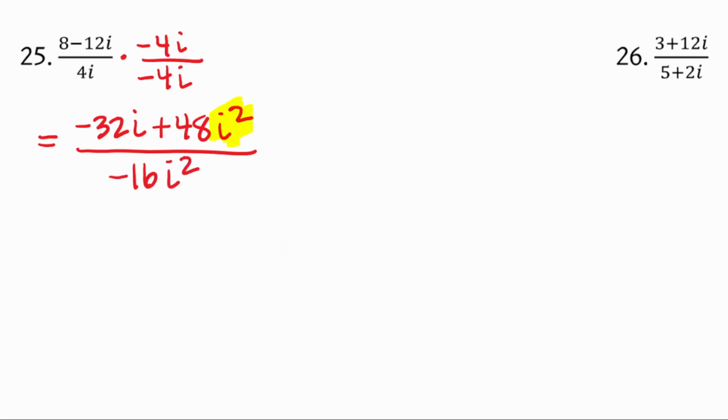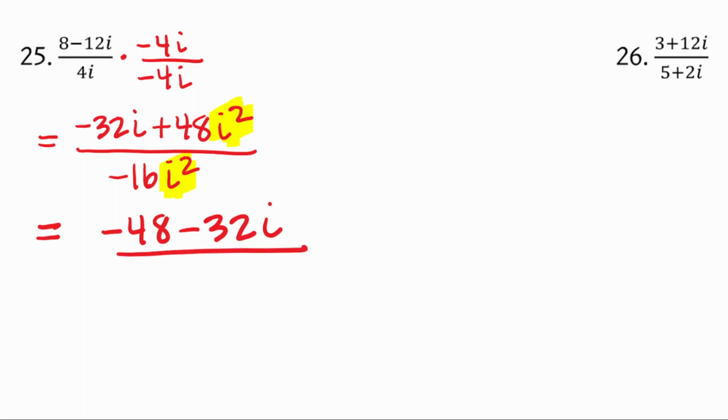So I just need to remember to deal with these here, and I'll have negative 48 from the 48i squared minus 32i, divided by negative 16 times negative 1, which would be positive 16. So I'll have to divide both of those numbers by 16. Negative 48 divided by 16, that's negative 3. And negative 32 divided by 16, that's negative 2. So that's how I'm going to divide those.